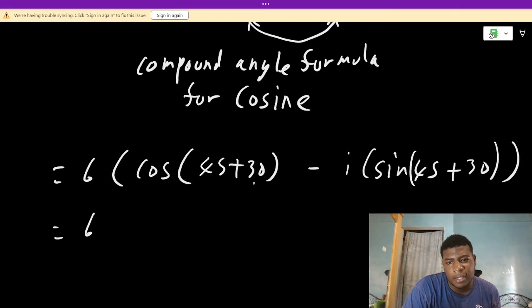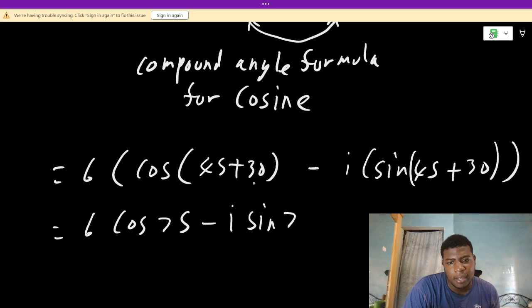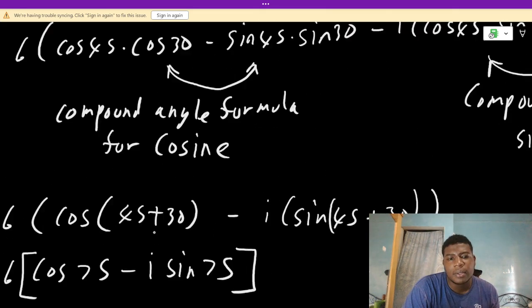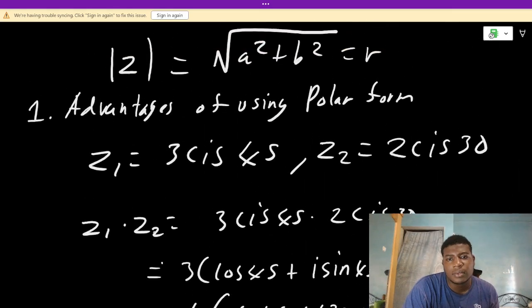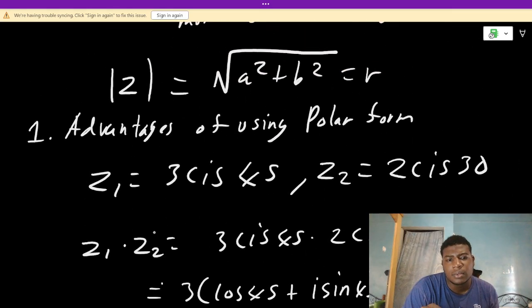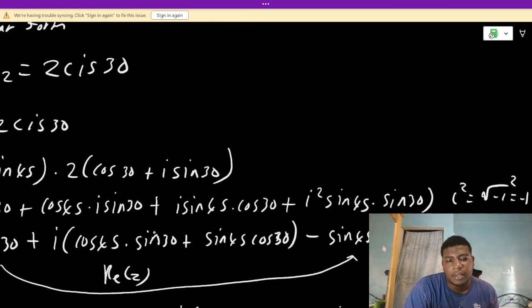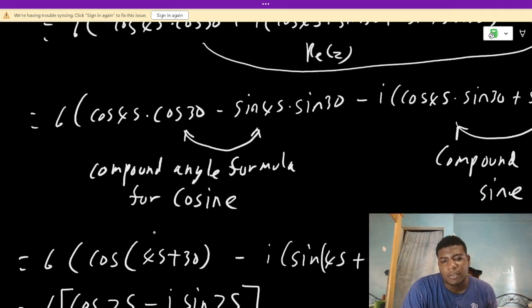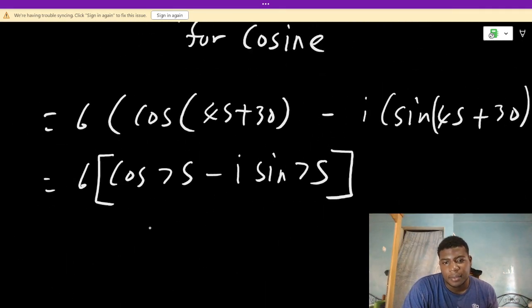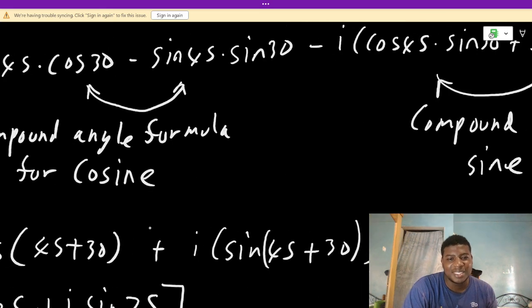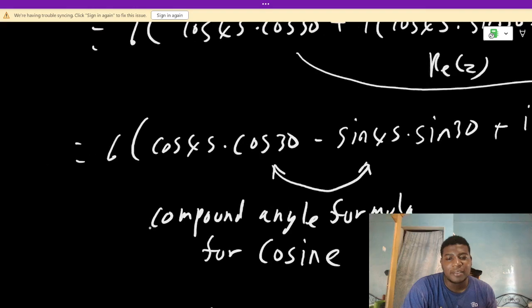So now you get yourself cos 75 minus i sine 75. No, it's plus. Hang on. It's plus, right. Right, plus. So look at that.